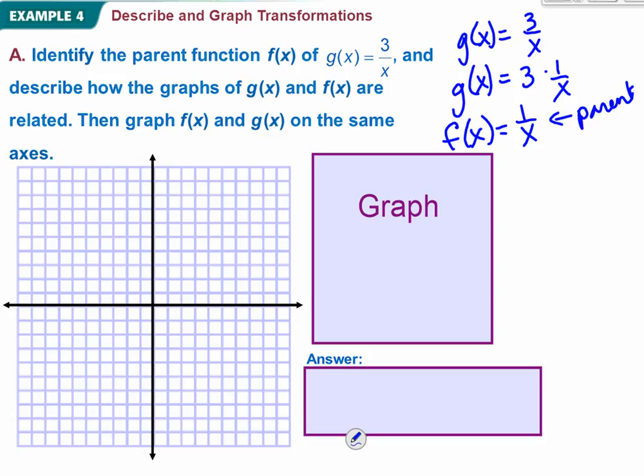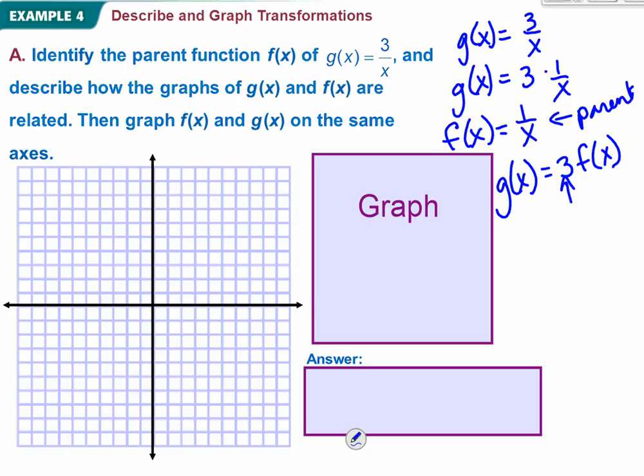And so g of x then is 3 times f of x. And so I'm considering this to be outside of the function, that number 3. And so is it vertical or horizontal? If it's outside here, which is it going to be? It's going to be vertical.